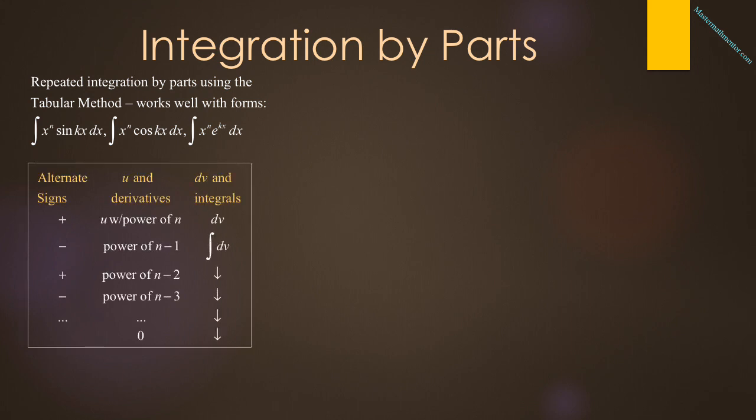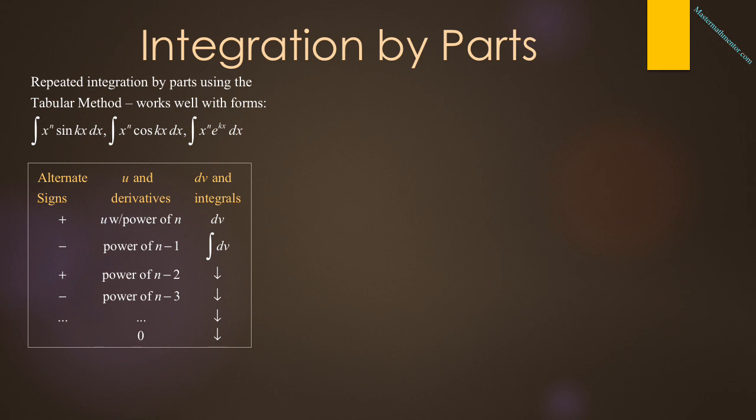The tabular method involves making a chart with three columns: signs, u and derivatives, and dv and integrals. We first put in our u and dv as if we were doing regular integration by parts. Our sign column will alternate, starting with positive, then negative, then positive, then negative, and so forth.